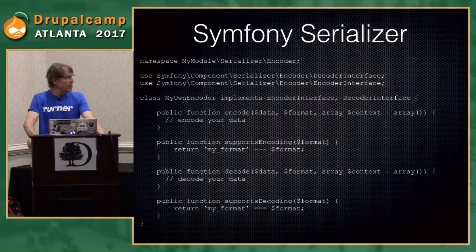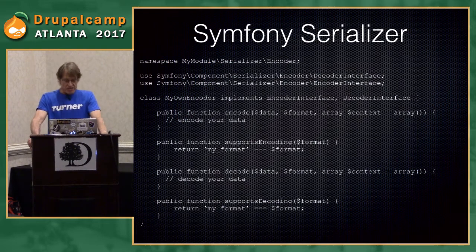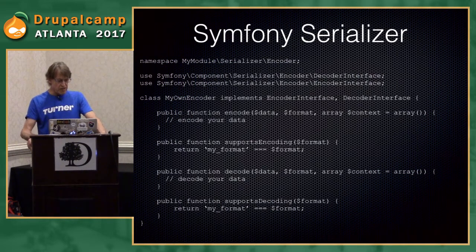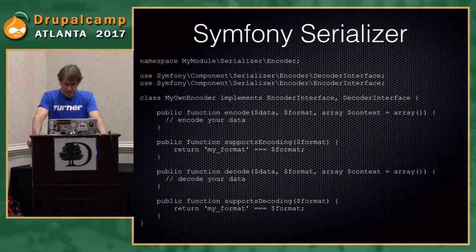Symfony has built-in decoders for XML and JSON, and as of 3.2, it adds encoders for YAML and CSV. It's also really easy to create your own encoders and decoders. In this case, what you want to do is implement the encoder and decoder interfaces. These are both pretty simple. For the encoder interface, all you need to do is implement the supports encoding method.